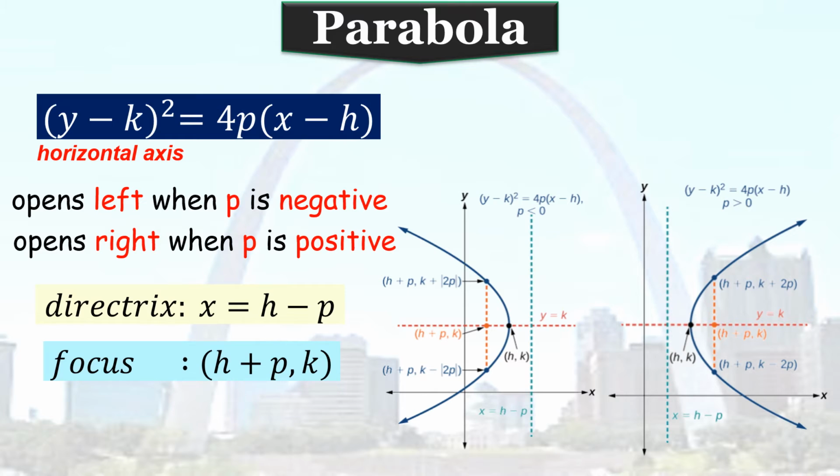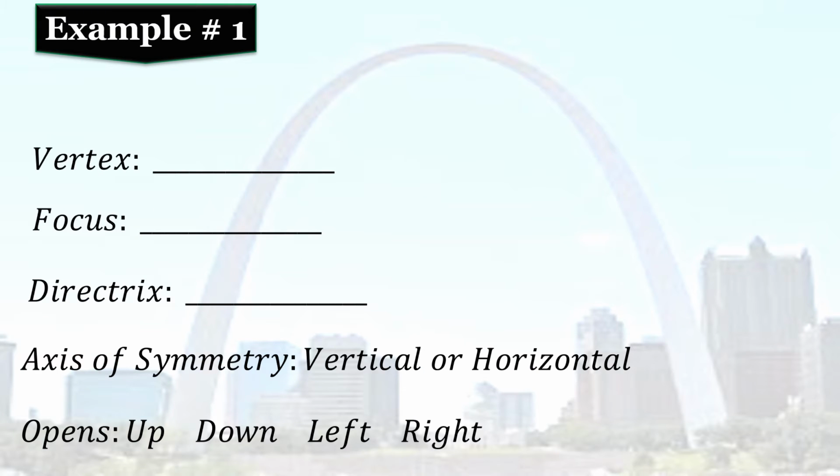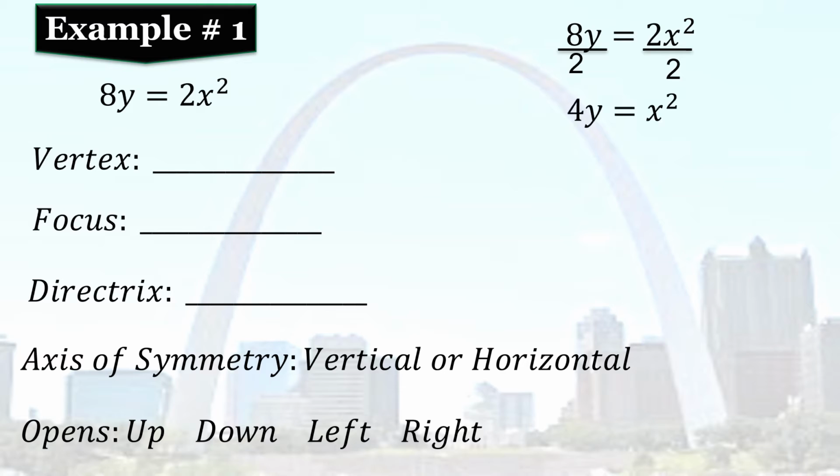So let us have some examples for this one. Example number 1, we have 8y equals 2x squared. The first thing we need to do here is to convert this equation into the standard form along the conic section. Dividing both sides by 2, we have 4y equals x squared.